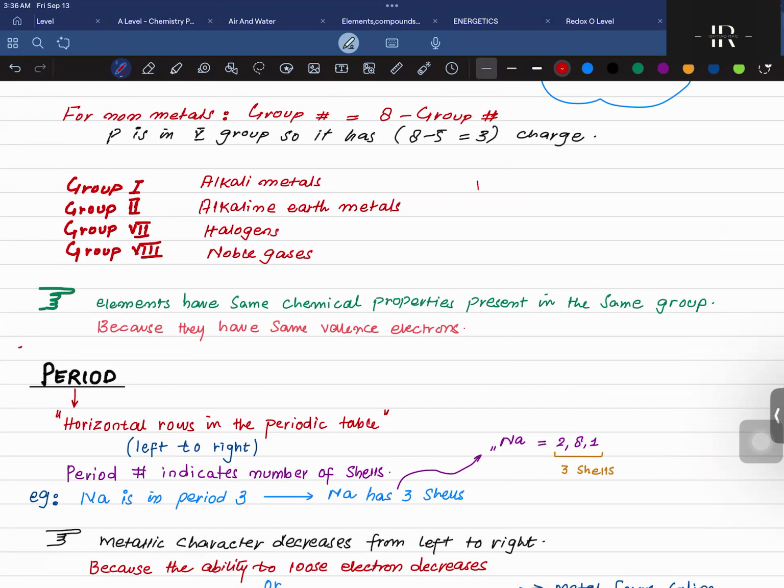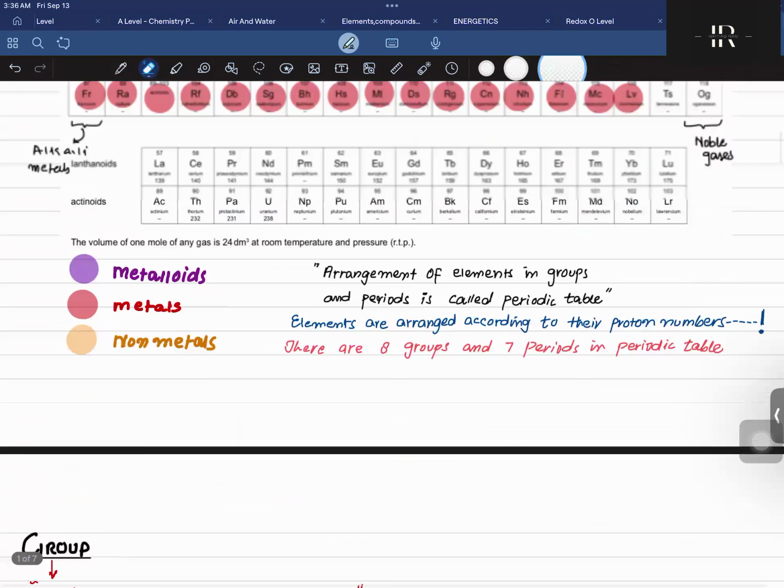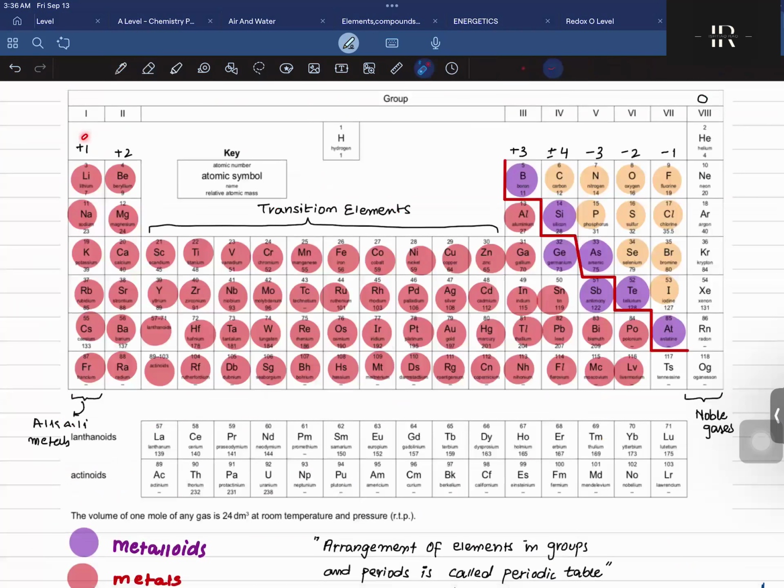Let's suppose we have lithium, sodium, potassium, rubidium, cesium, francium. I'm talking about group one. This is lithium, then this is sodium, then this is potassium. It's group one, so all the elements have the same chemical properties.